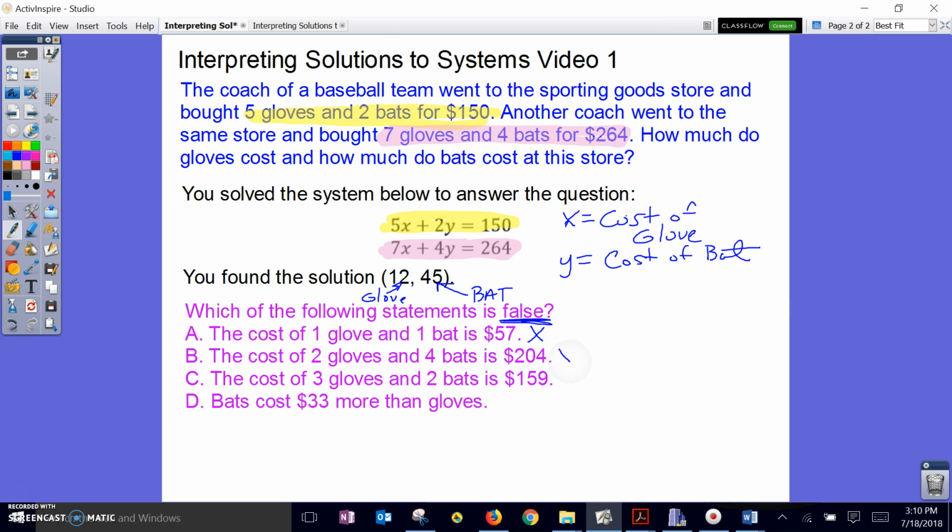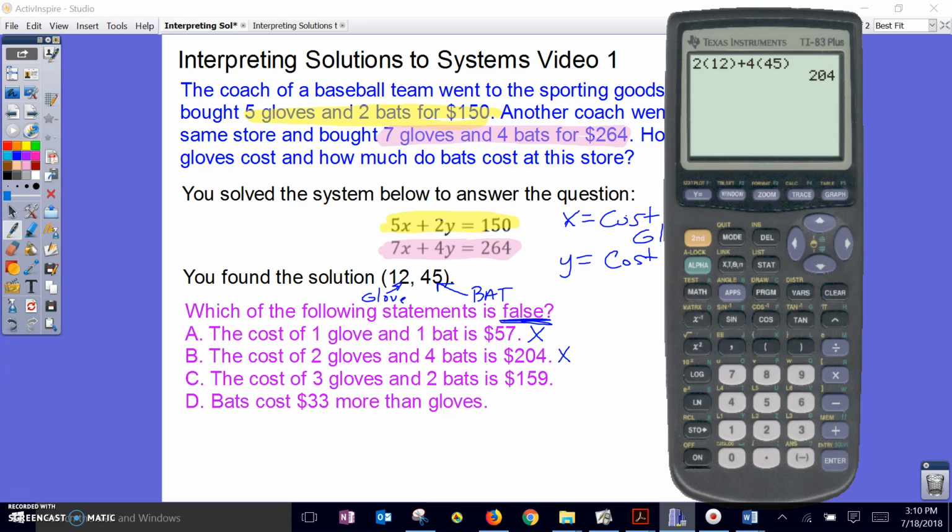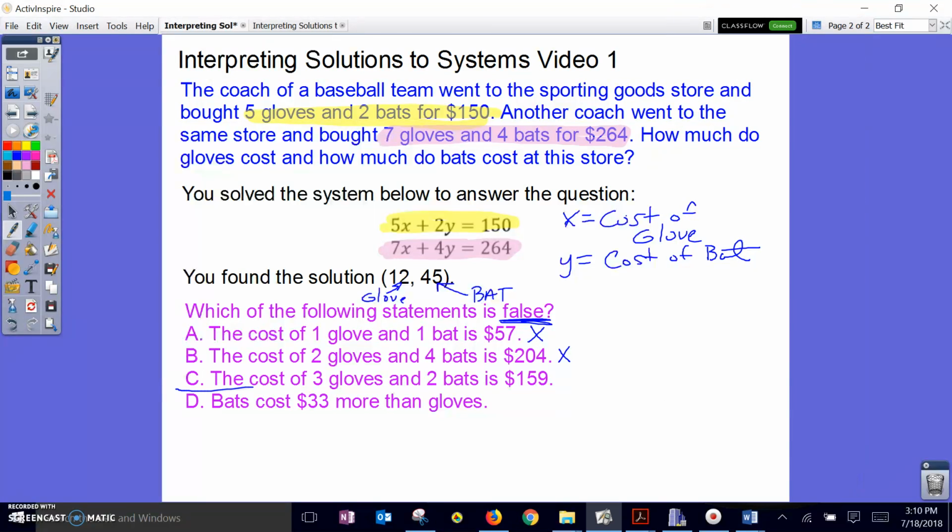So it looks like that statement is also true. The next statement, the cost of 3 gloves and 2 bats is $159. Let's see, 3 gloves, $12 a piece, and 2 bats, $45 a piece. It's $126. So it looks like this is the one that is false.